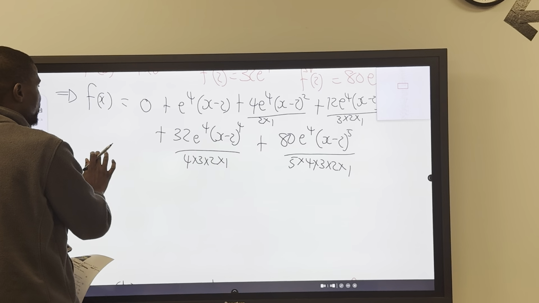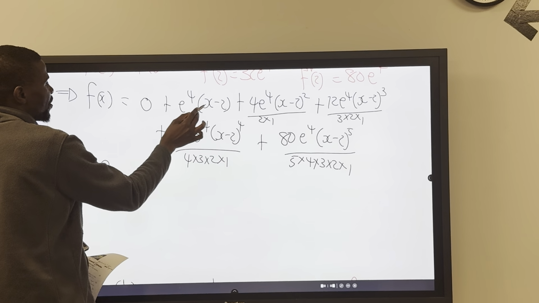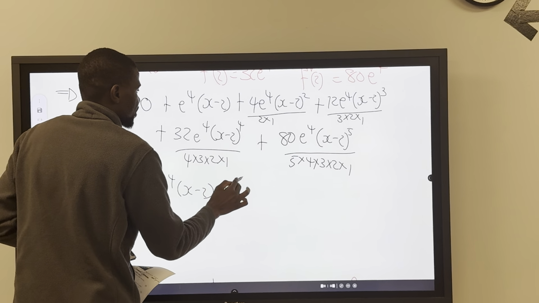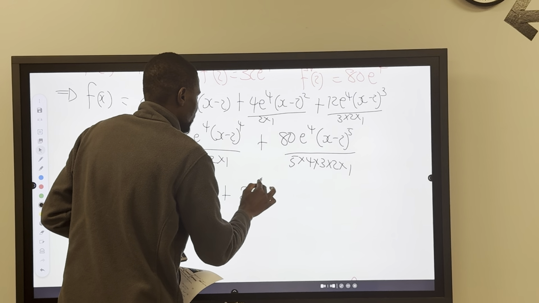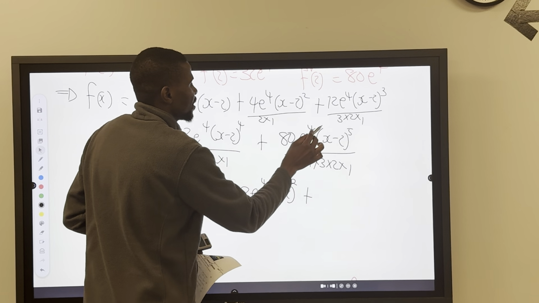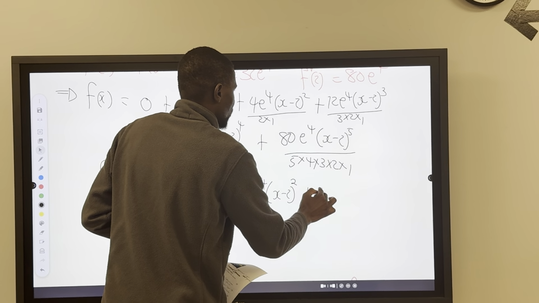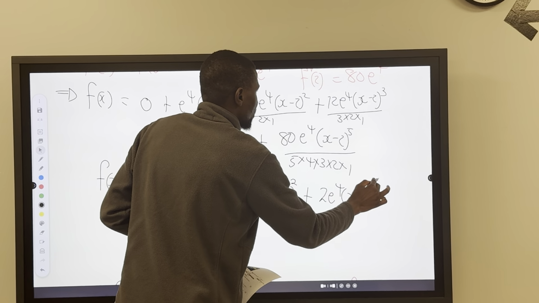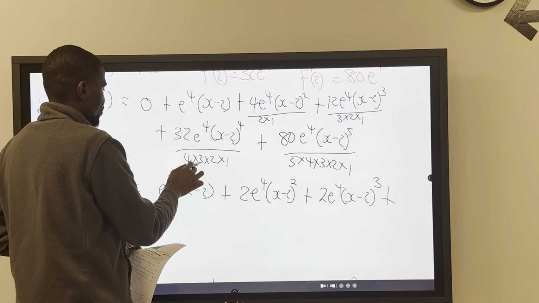So if we go ahead and simplify, we have f of x equal to, this is 0. So this is now e to the 4th x minus 2 plus this into that. That's 2 e to the 4th x minus 2 squared plus 3 times 2, 6 into 12. That's 2 e to the 4th x minus 2 cubed plus, okay, 4 times 3, 12, 24.